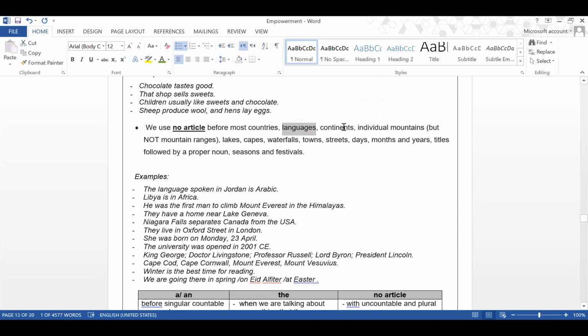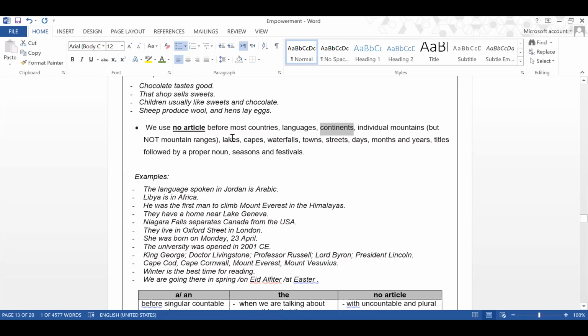Before the name of continents, Asia, Africa, Europe, I don't use any article. Before an individual mountain, one mountain, or a peak of a mountain, قمة جبل, I don't use any article. But if I have mountain ranges, سلسلة الجبال, I use the article.